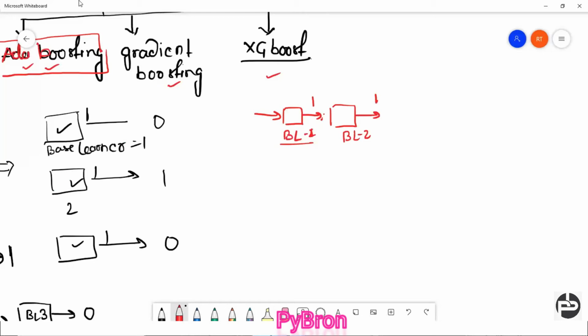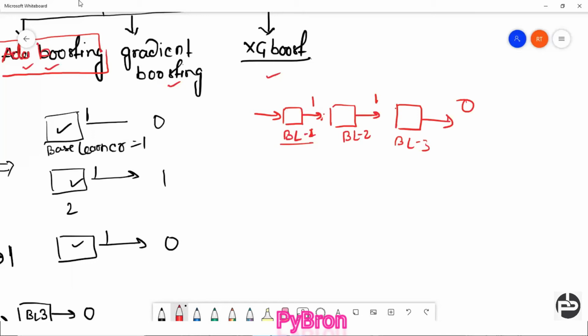Now again, we are passing the output of base learner 2 to base learner 3, and base learner 3 this time is going to predict 0, right? So it's a sequential machine learning algorithm, meaning one base learner's output we pass to another base learner, and that output we pass to the next base learner.